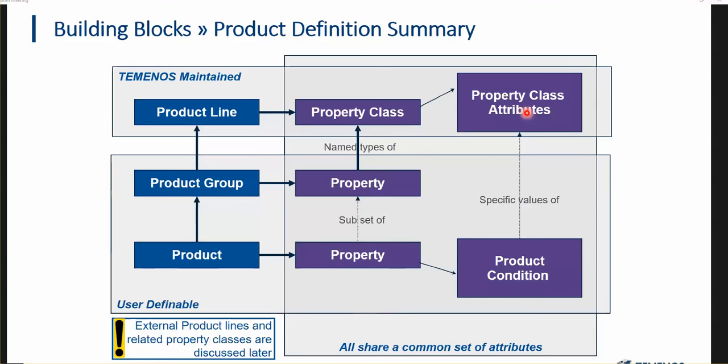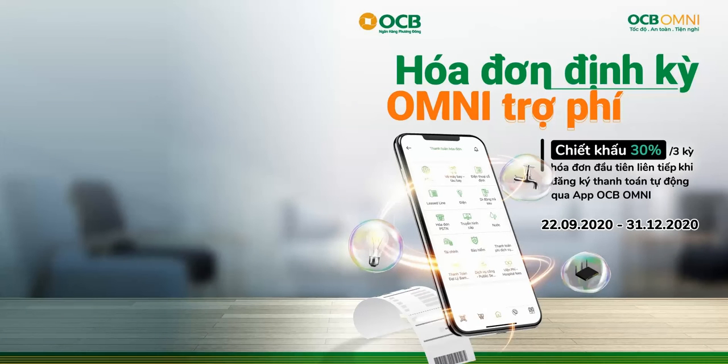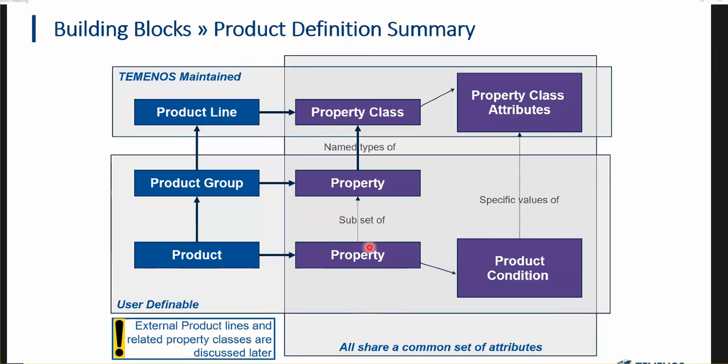Now what we are doing is, for each property that you put in a product, you must attach a valid product condition. A product condition is what gives the values to the fields of the property class.